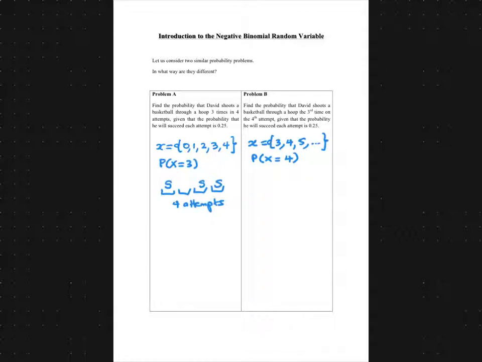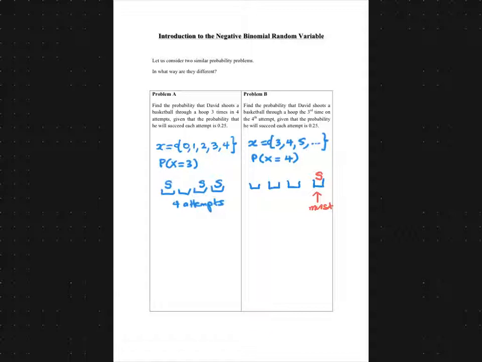In problem B, however, we must have a success on the 4th attempt, meaning we must have success here, and we can have any 2 successes in the previous 3.